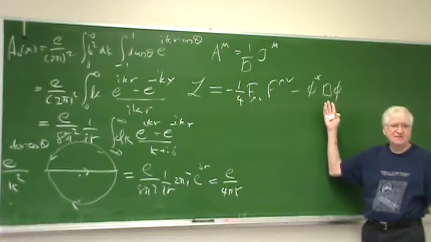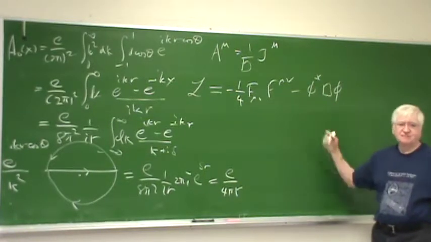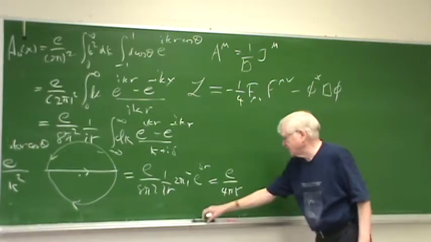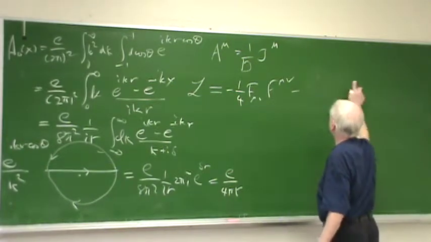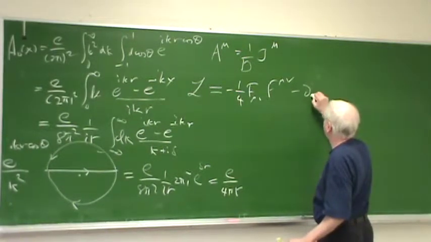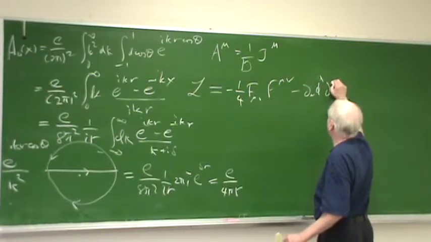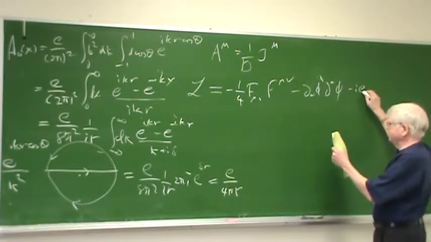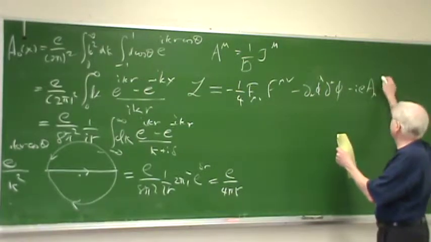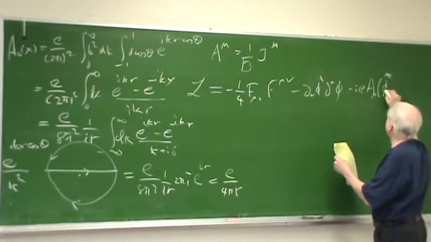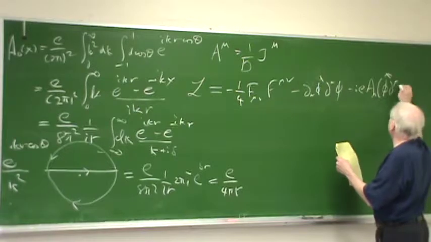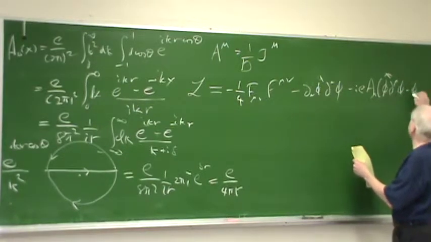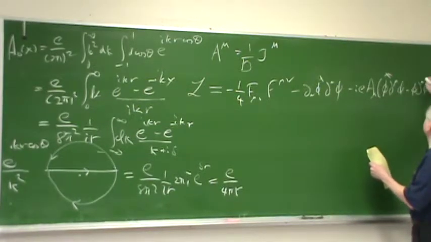I mean, it's okay, but I would rather write that as the derivative terms, and then minus iE, let us say, A mu phi star d mu phi minus phi d mu phi star.